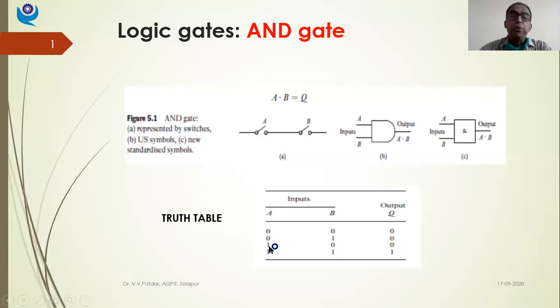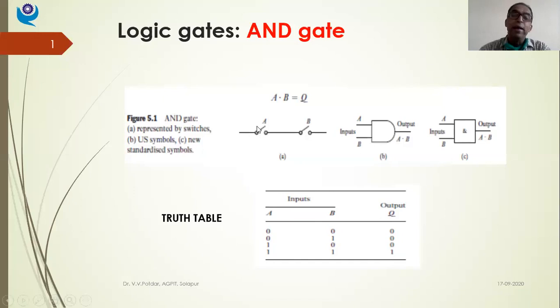Now A is 1, that is on, B is off or 0. Still it is 0. Now A is 1, that is A is on, and B is also on. Then only there will be output Q as 1.